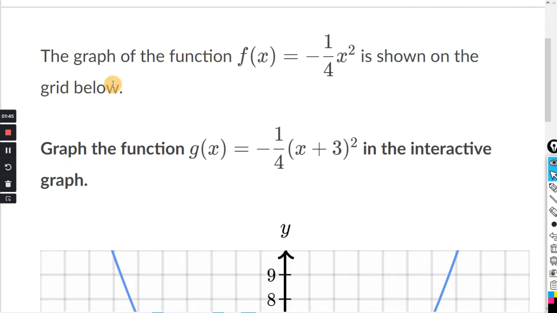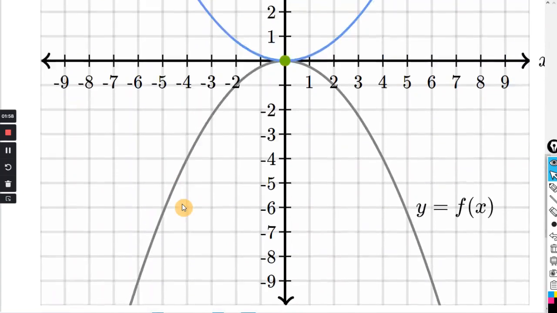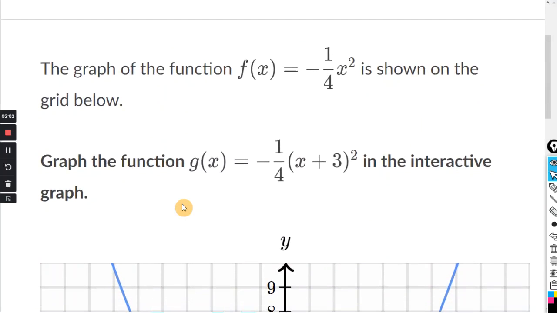First problem: the graph of the function f of x equals negative 1/4 x squared is shown on the grid below. Graph the function negative 1/4 (x plus 3) squared in the interactive graph. So one of them is fixed and one of them we're doing ourselves.